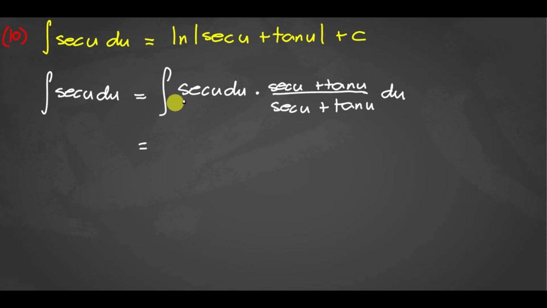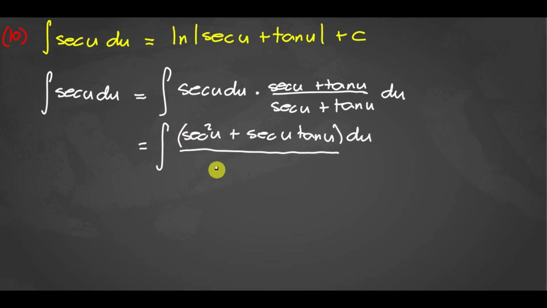If we distribute secant u to our multiplier, then the given function becomes secant squared u plus secant u tan u, du, all over secant u plus tan u.